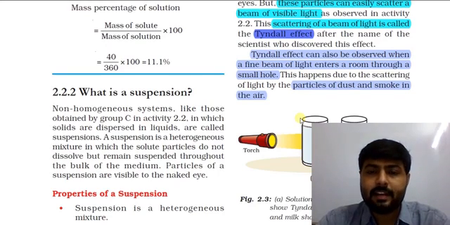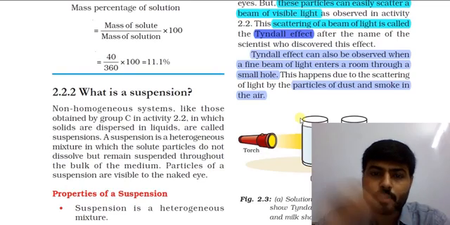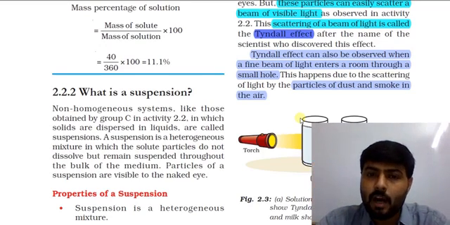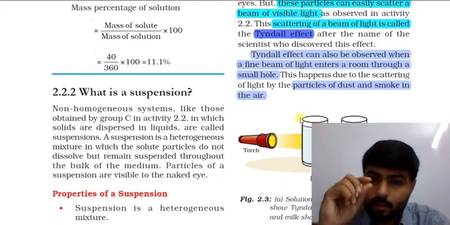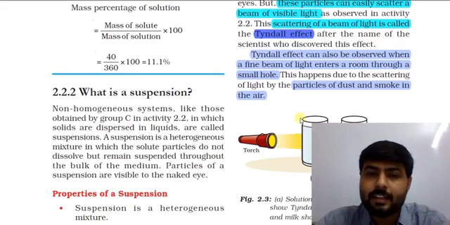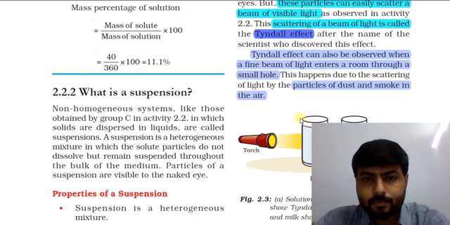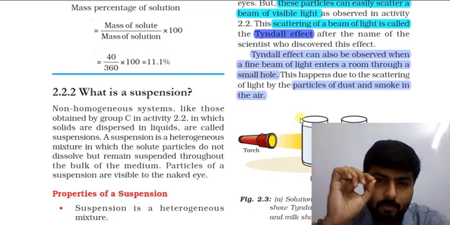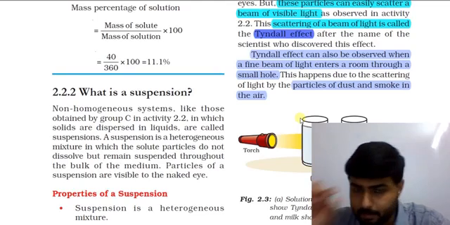Sometimes in the afternoon or any time of day, we can observe a small beam of light entering the house from a small hole in a window or door, and we can see very small particles moving in that beam.